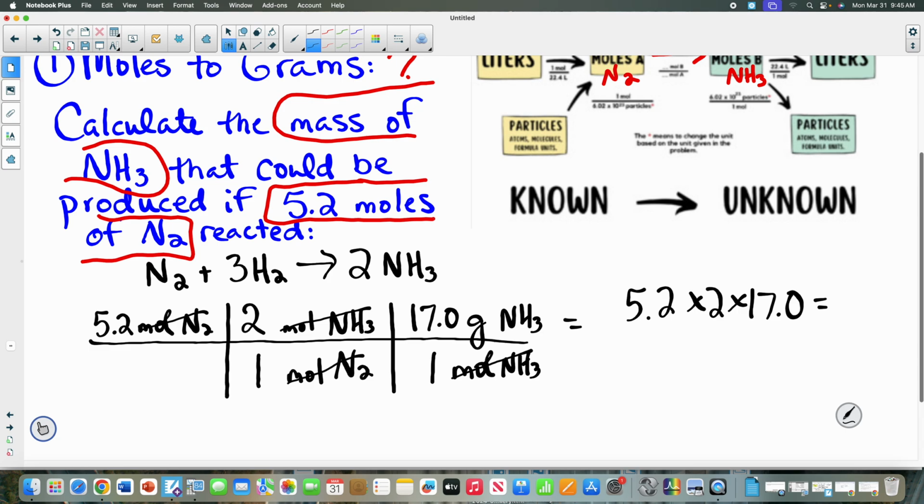Okay, and then how many sig figs would I want? 2. So I'm going to round this to 180 grams of NH3. Yes. Do that. Yes.